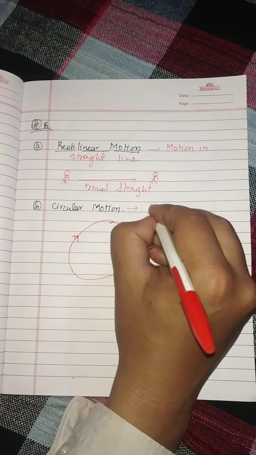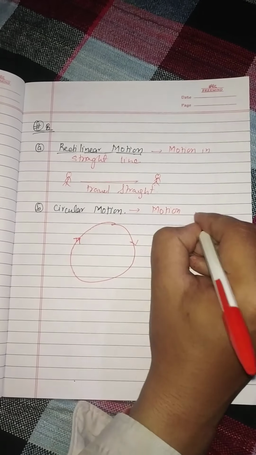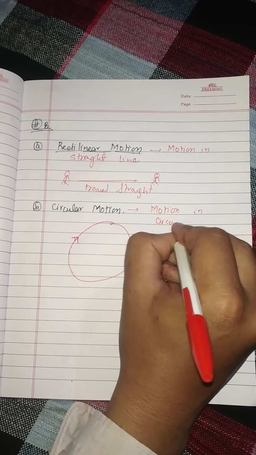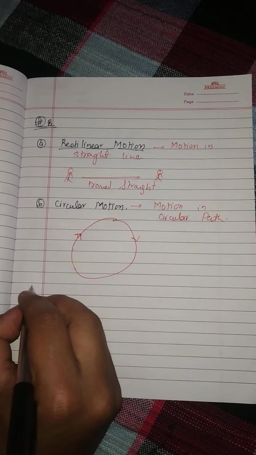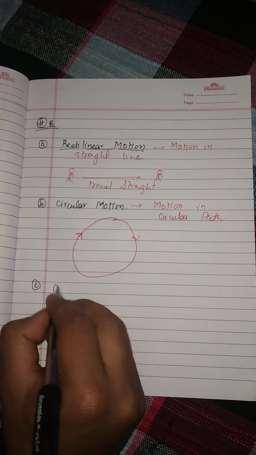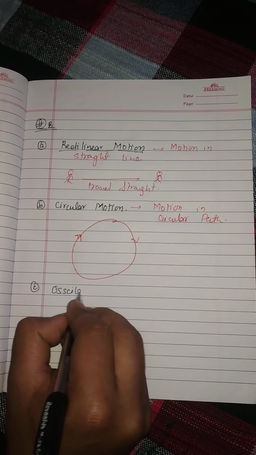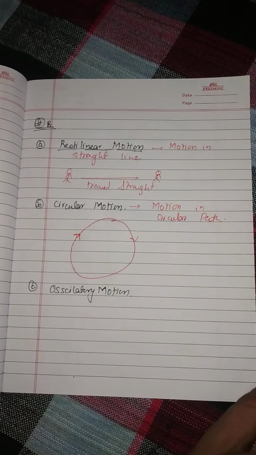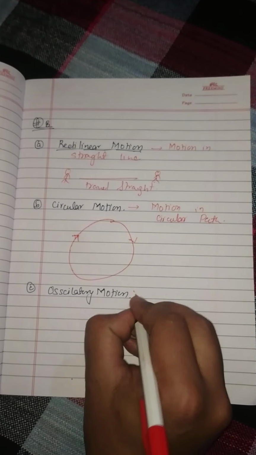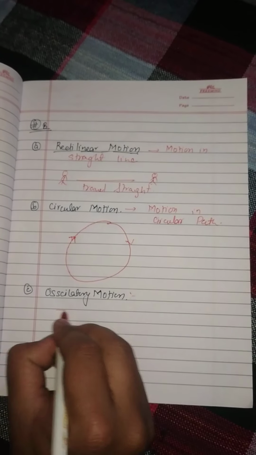So in short, motion in a circular path. Third one is oscillatory motion. You can take an example of a pendulum.